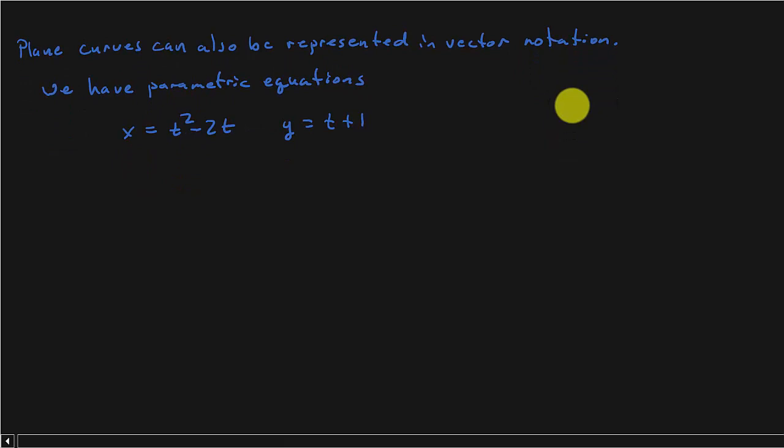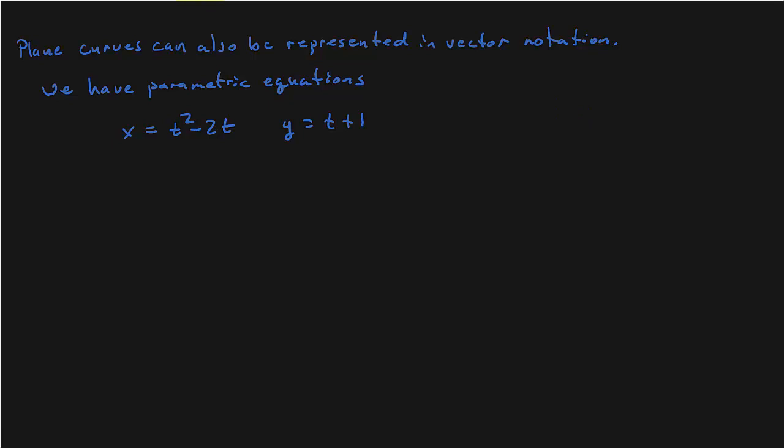And then the other thing that I want to mention here, plane curves can also be represented in vector notation. So let's suppose we have the parametric equations x equals t squared minus 2t and y equals t plus 1.